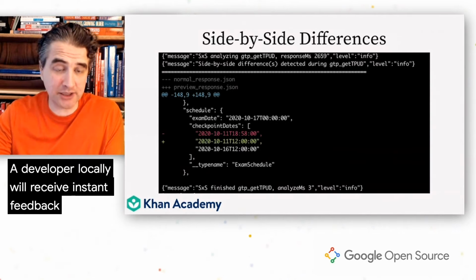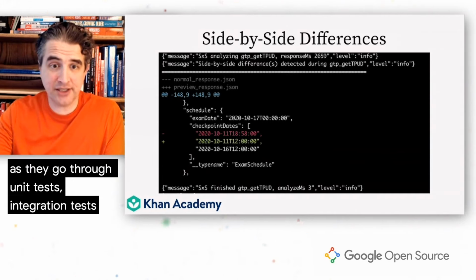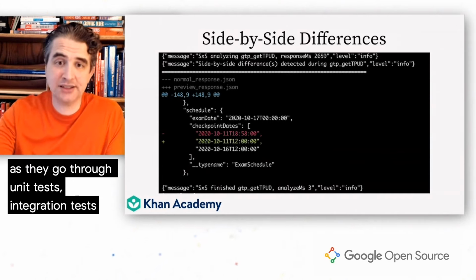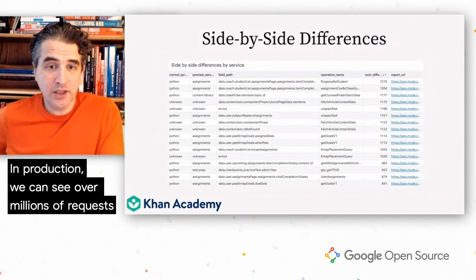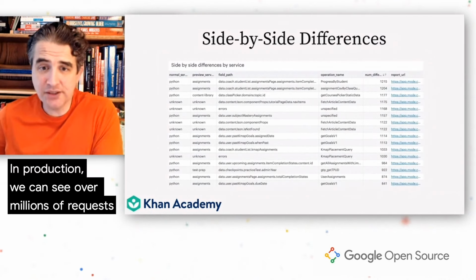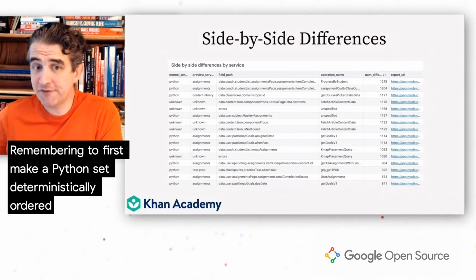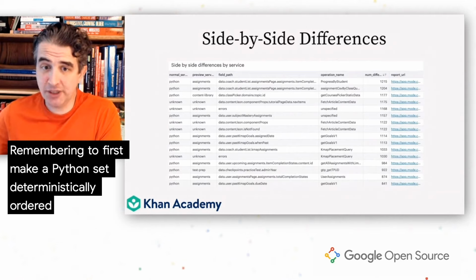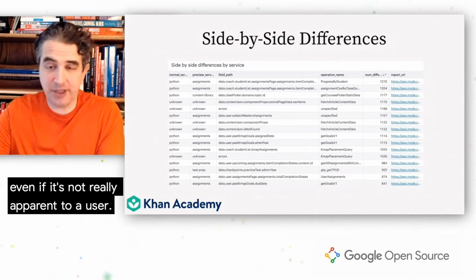A developer locally will receive instant feedback that there's a discrepancy as they go through either unit tests, integration tests, or just click around on the site locally. In production, we can see over millions of requests if there are corner cases where the fields might differ. Remembering to first make a Python set deterministically ordered is probably our most common mistake, even if it's not really apparent to a user.